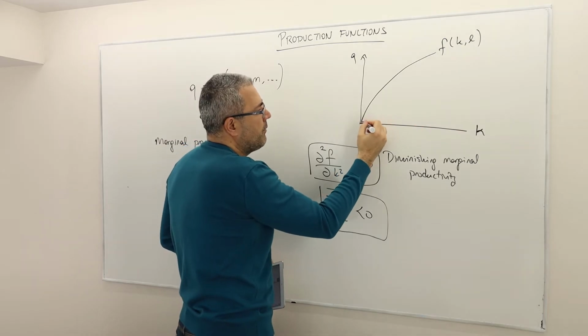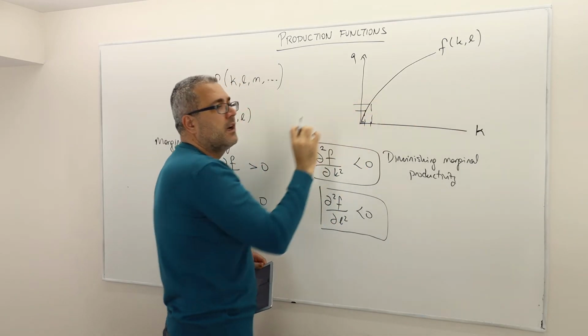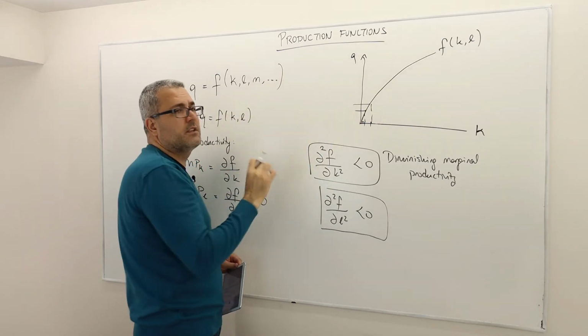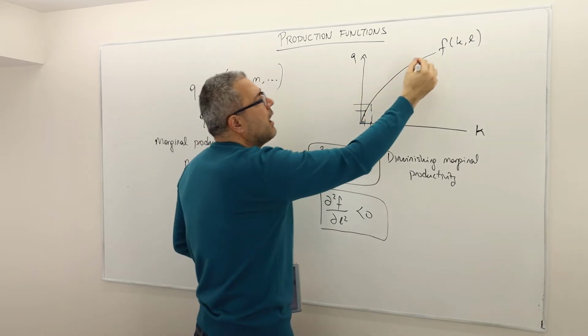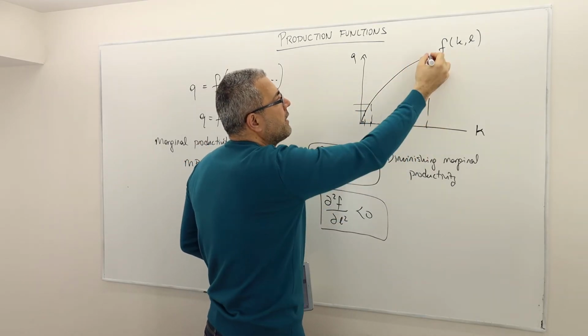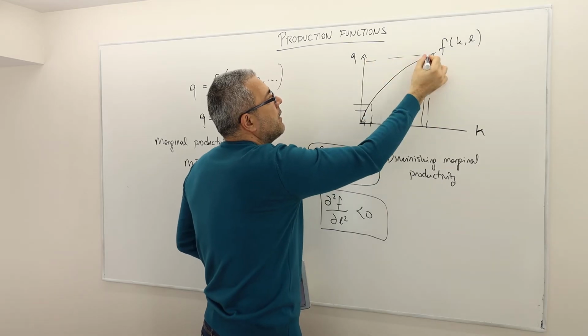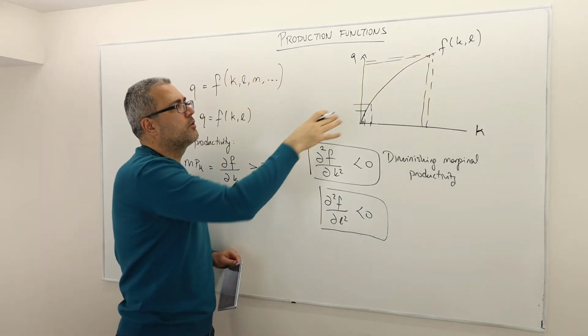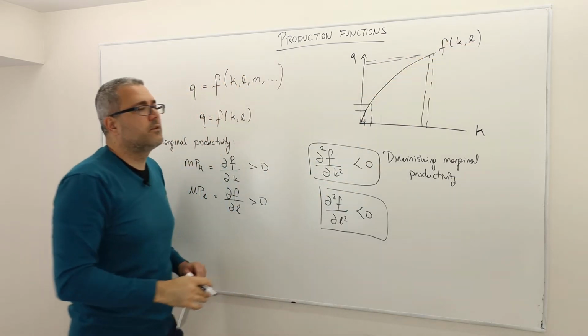So for example, when capital is relatively very small, the marginal increase, that means the slope of the production function, is very high. However, as you use more and more capital, the marginal productivity of capital becomes very, very small, almost zero, if it is completely horizontal.